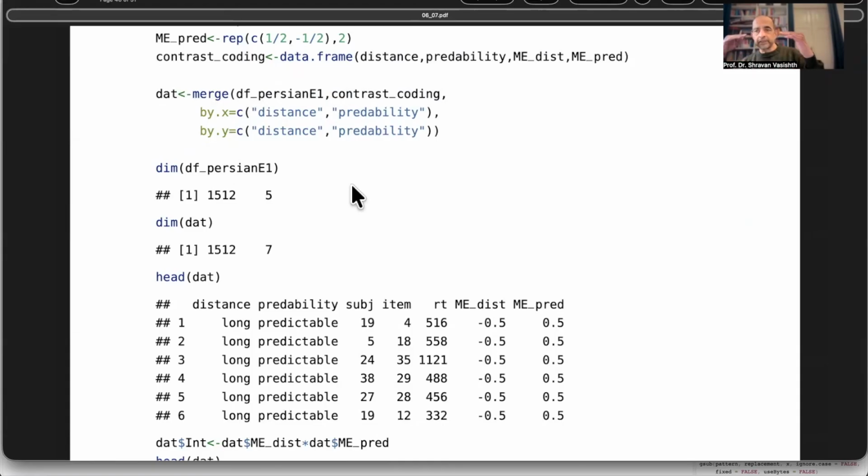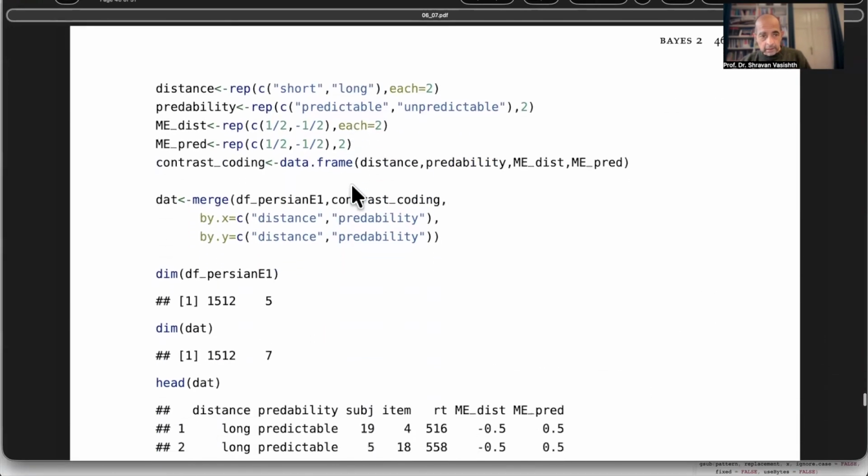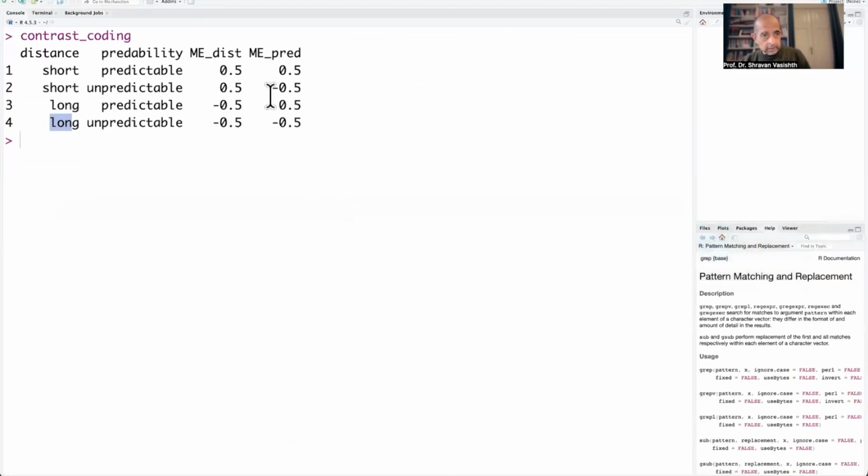So what this merge function does is it looks up the full data frame, looks up my contrast coding data frame, and whenever the rows of distance and of predictability match, it merges those two. So that these columns will be added correctly into the data frame.